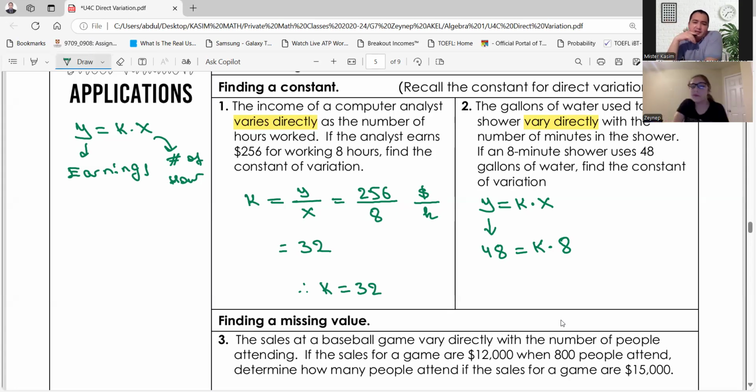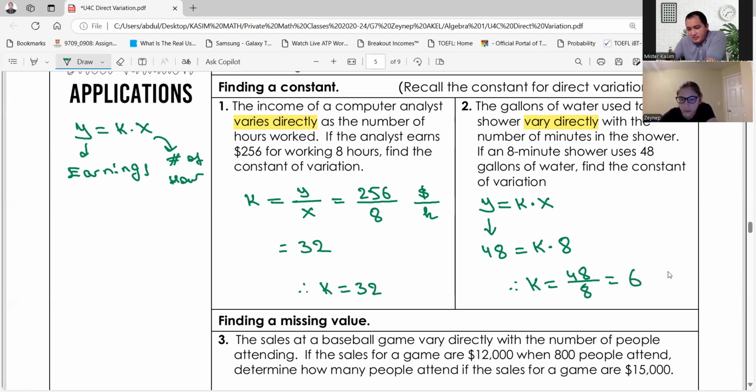For example, I spend 0.8 minutes per gallon of water. That doesn't make sense, right? But if you say I use 8 gallons of water every minute, it makes sense. Anyway, now we can find k. k is equal to 48 divided by 8, which is equal to 6.